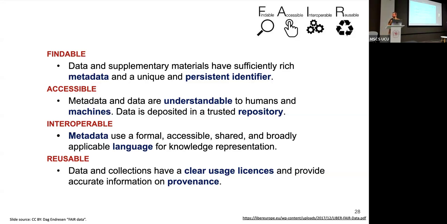Accessibility means that the data must be understandable and transparent both to humans and to machines. In order to achieve accessibility for biodiversity data, we have to use some trusted and transparent, well-documented repository for data. Unfortunately, traditional ways to store biodiversity data cannot be treated as accessible.